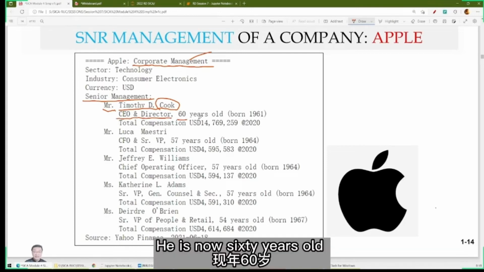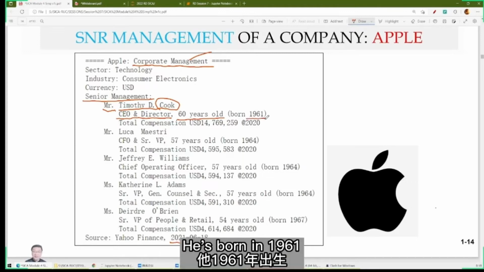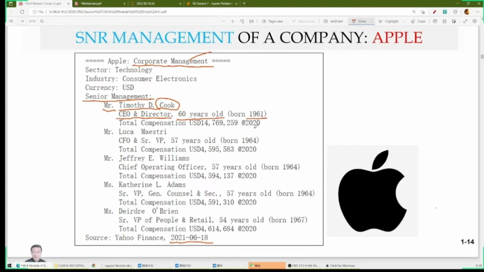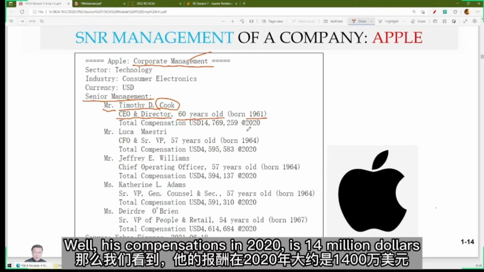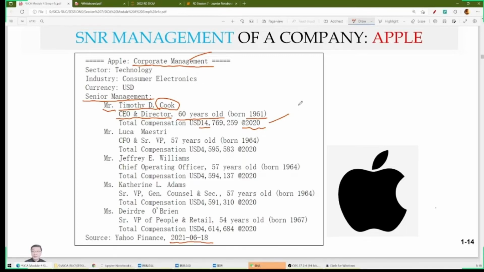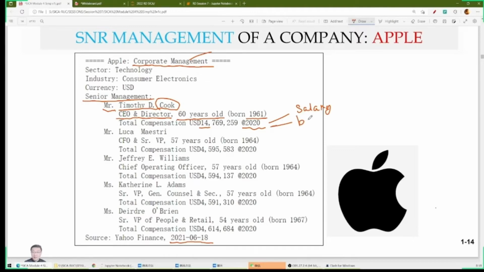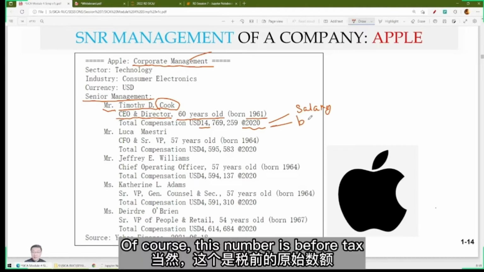He's now 60 years old, however it is 2021, June 18th. He was born in 1961. His compensation in 2020 was $14 million total, including his salary, his bonus, and welfare. Of course, this number is before tax.